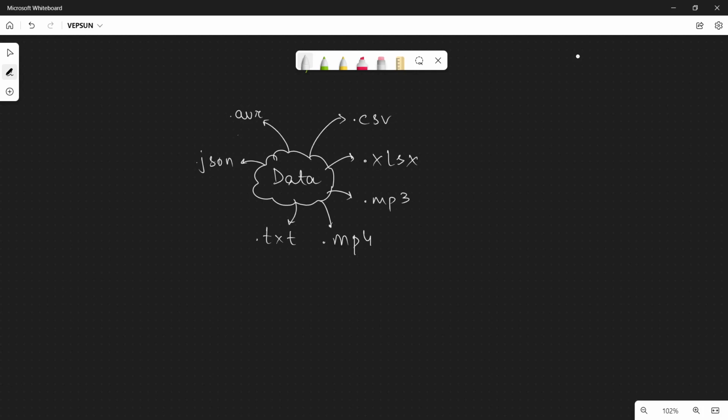It can be in the form of different sorts of data, which will be, let's say, in the form of an XML file also. So different forms of data are there, and we should never constrain ourselves to CSV and Excel files only. There are varieties available. We can have more, but I'm restricting myself to these limited options. We can have documents, we can have PDF, everything is data.